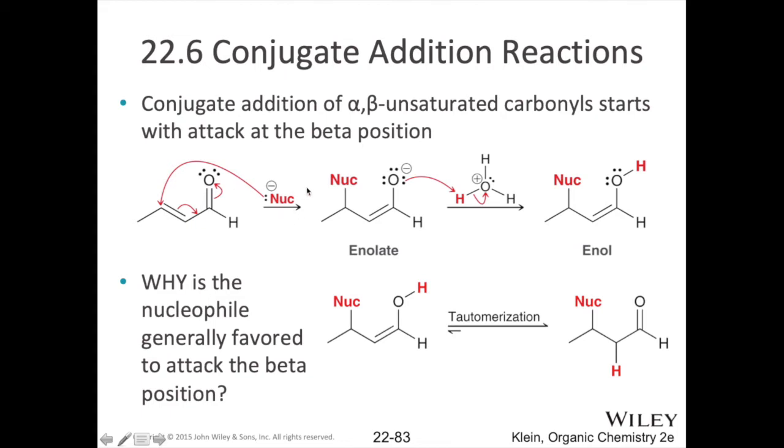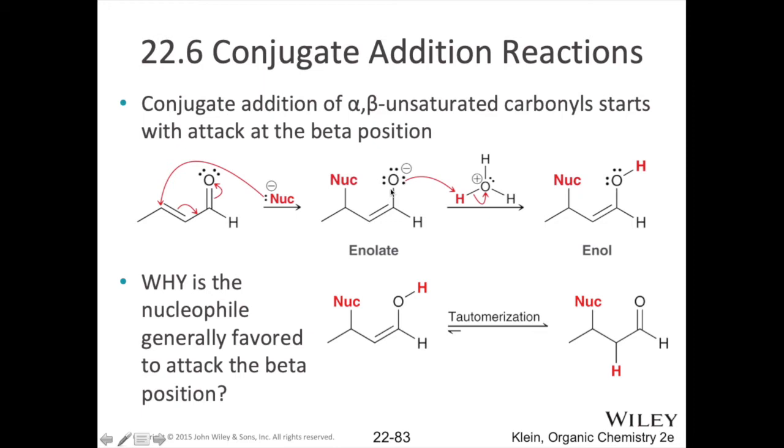Remember, your Gilman reagent is a little less nucleophilic than your Grignard. Your Grignard is very reactive. Your Gilman isn't as reactive. So in the case of a Gilman reagent, you go through this enolate intermediate, which is resonance stabilized, right? So you have this lower energy, more stable intermediate that helps out that mechanism, right? So basically, the first thing that happens is that nucleophilic attack.